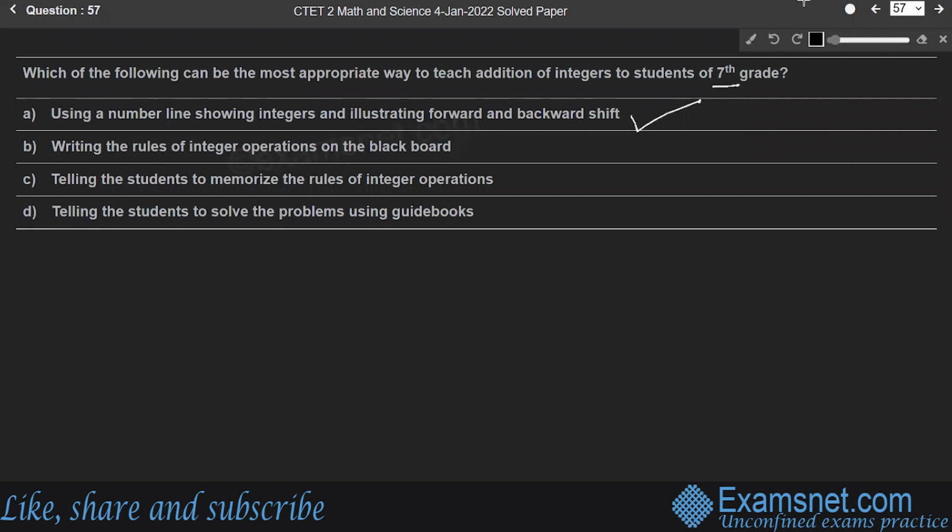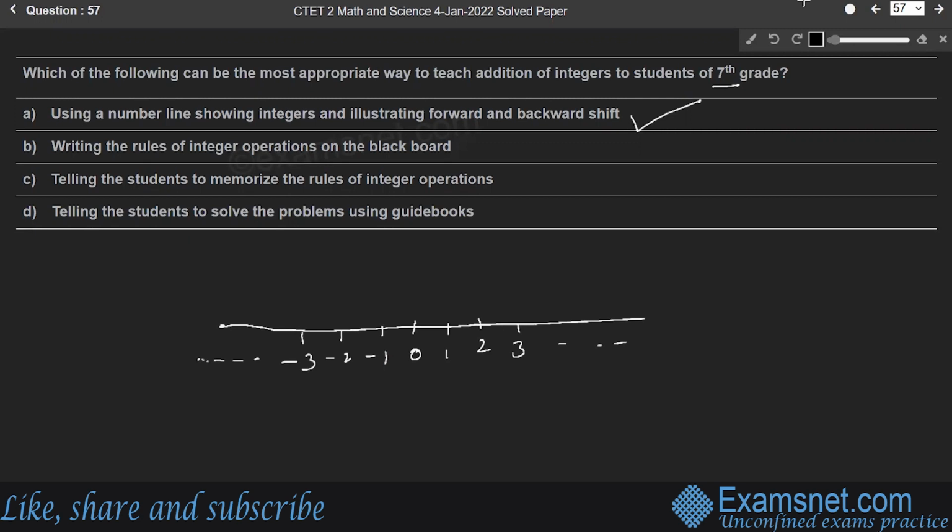Here number line refers to a straight line with numbers placed at equal intervals. Here a straight line with numbers 0, 1, 2, 3, and so on, and -1, -2, -3, and so on.